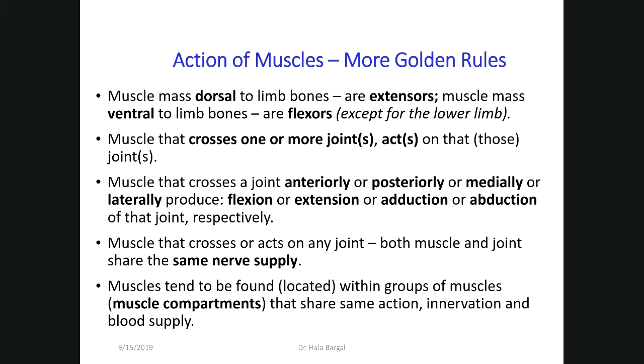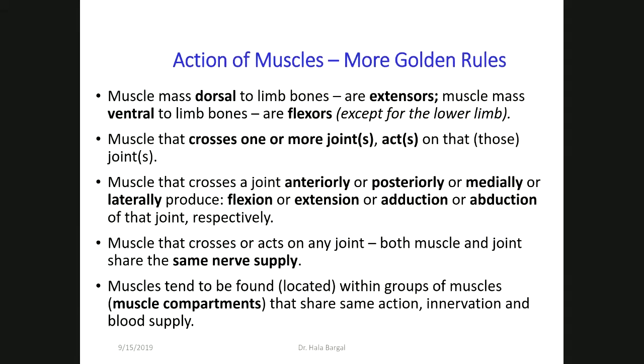Muscles that cross one or more joints act on those joints, as the biceps and the triceps. They cross the shoulder joint and the elbow joint, so they work on the shoulder joint and the elbow joint. A muscle that crosses a joint anteriorly will produce flexion, posteriorly will produce extension, medially adduction, laterally abduction.